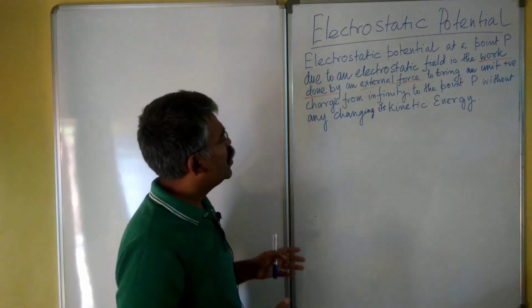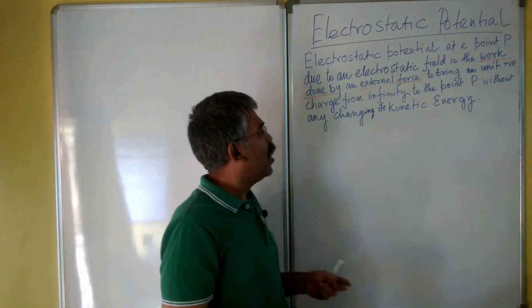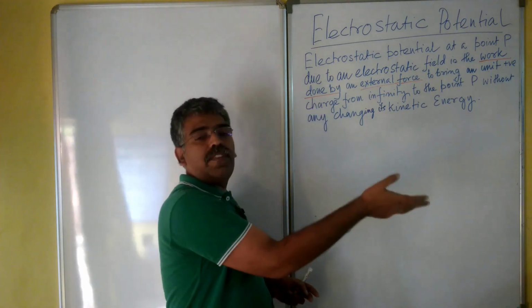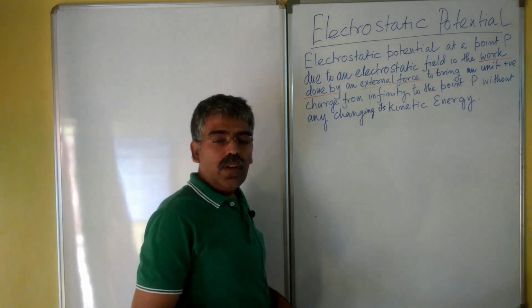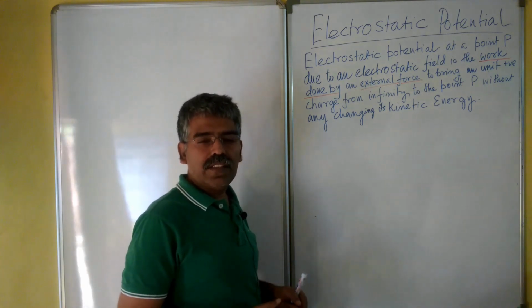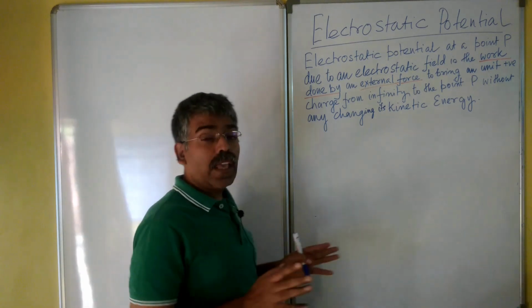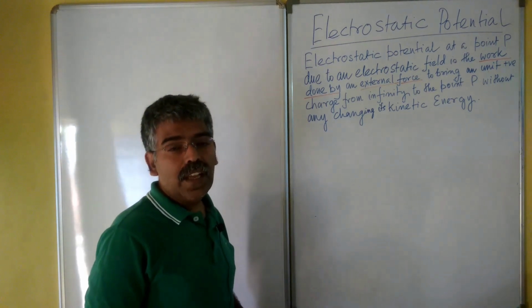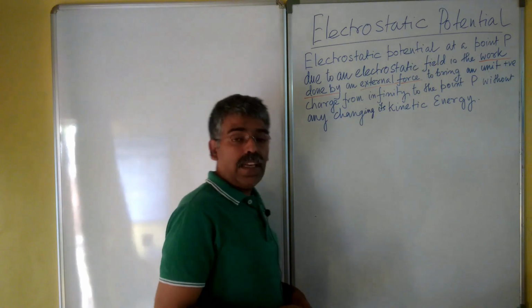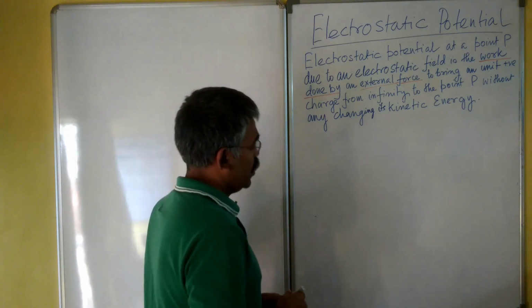Now what you have to do is take a unit positive charge and bring it from infinity to a particular point P without changing its kinetic energy. So that means you cannot give any extra force so that the velocity changes and therefore the kinetic energy changes. So what shall you do?